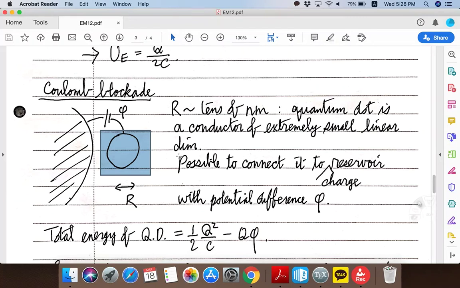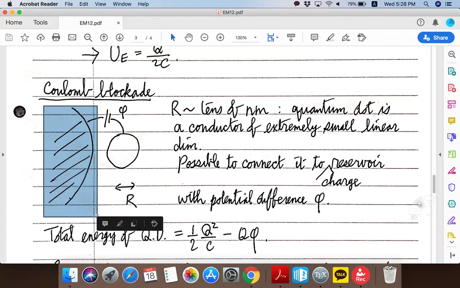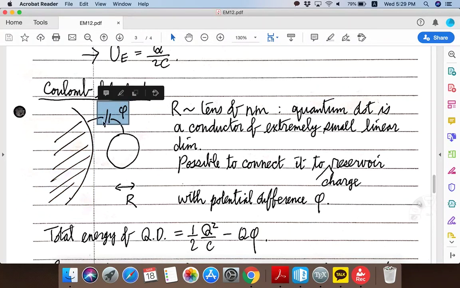Now, because of the advances in technology, it's possible to connect this quantum dot to a macroscopic conductor, and connect the two objects, one macroscopic conductor and the other one microscopic conductor, with some battery, and the role of the battery is to create a potential difference between them.